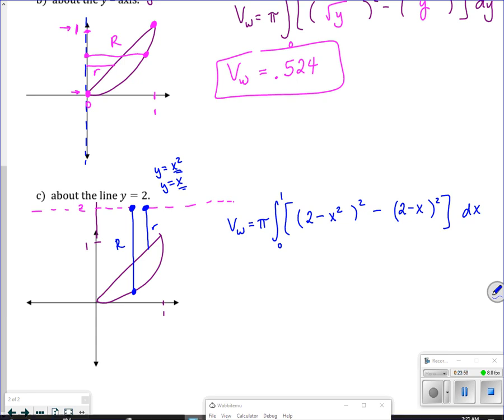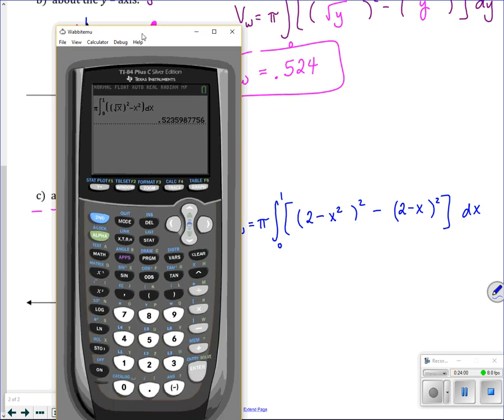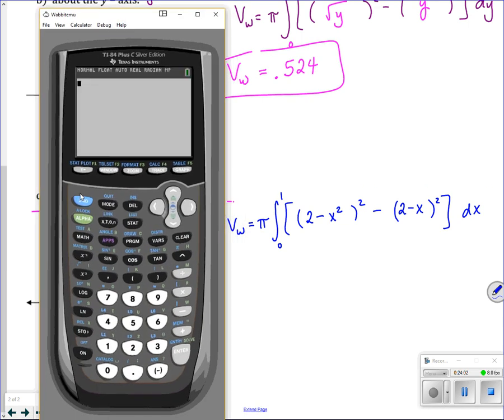Now again, I'll get on and type this one in. You've got pi times the integral. Usually these don't come out very pretty, of 0 to 1. Okay, you've got that set of parentheses that does it all. I have 2 minus x squared, parentheses squared.